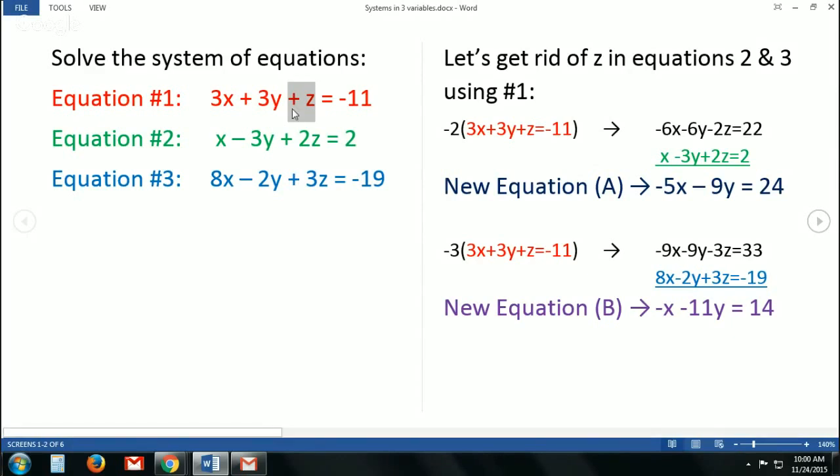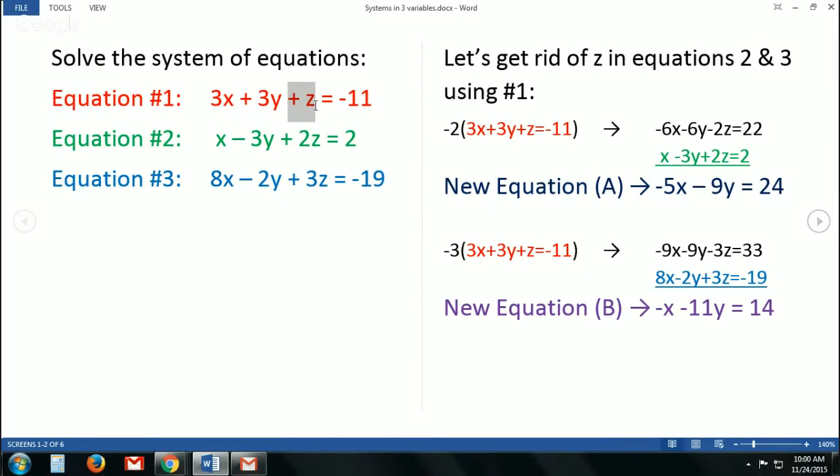So the fact that I've got a plus 1z right here makes me think it'll be easy for us to eliminate the 2z that is in equation 2 and the 3z that is in equation 3. I just want to multiply this positive 1z by something to create opposites in both cases. Now notice as we go along that we're going to use equation 1 to work on equations 2 and 3.